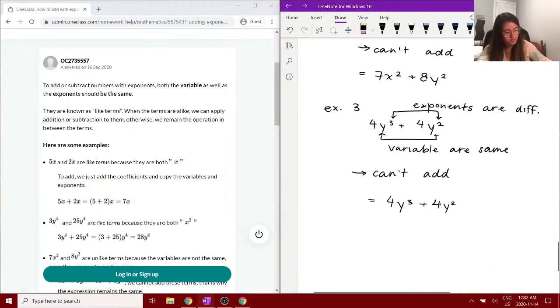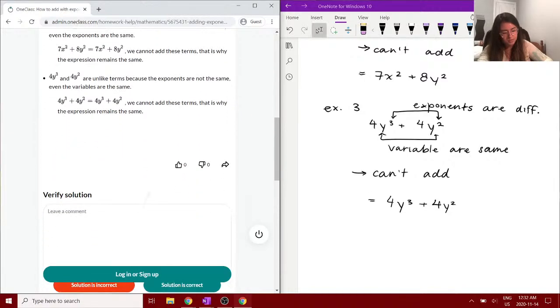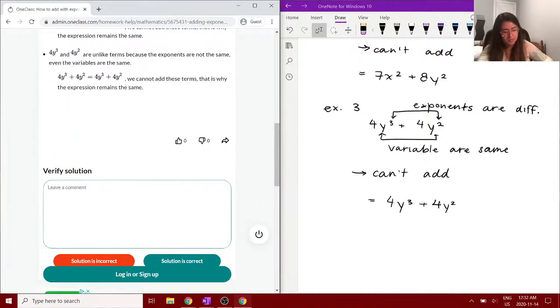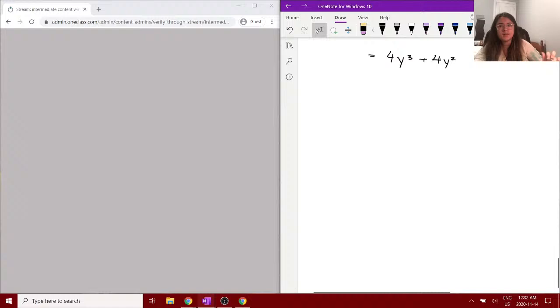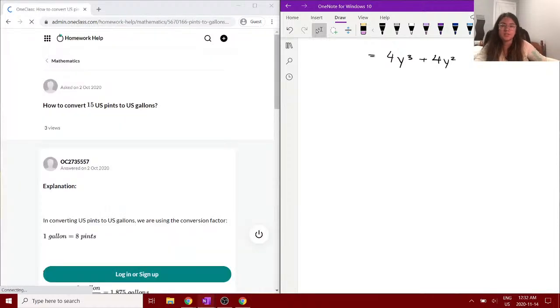Let's go down. Okay, and they go through the same examples. So correct solution. And we can move on to the next question.